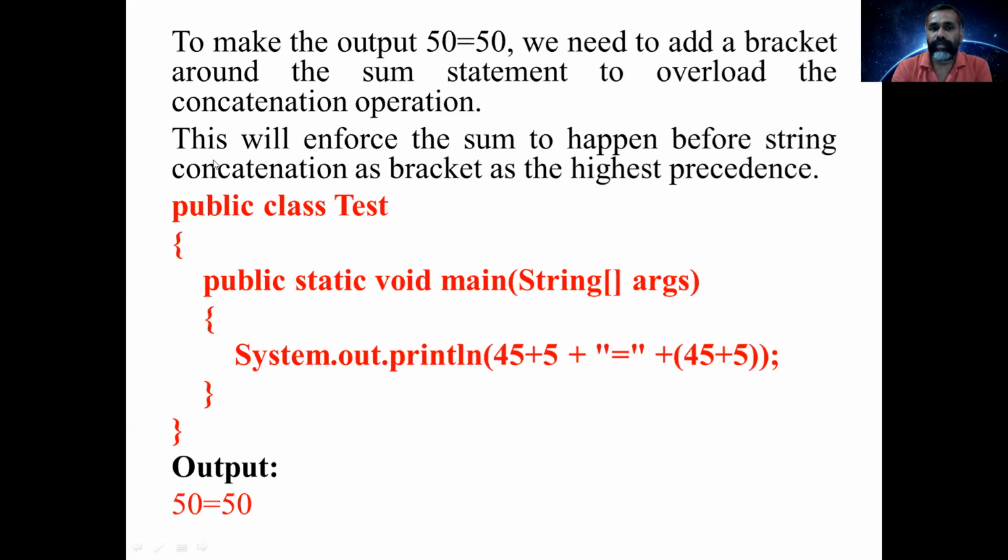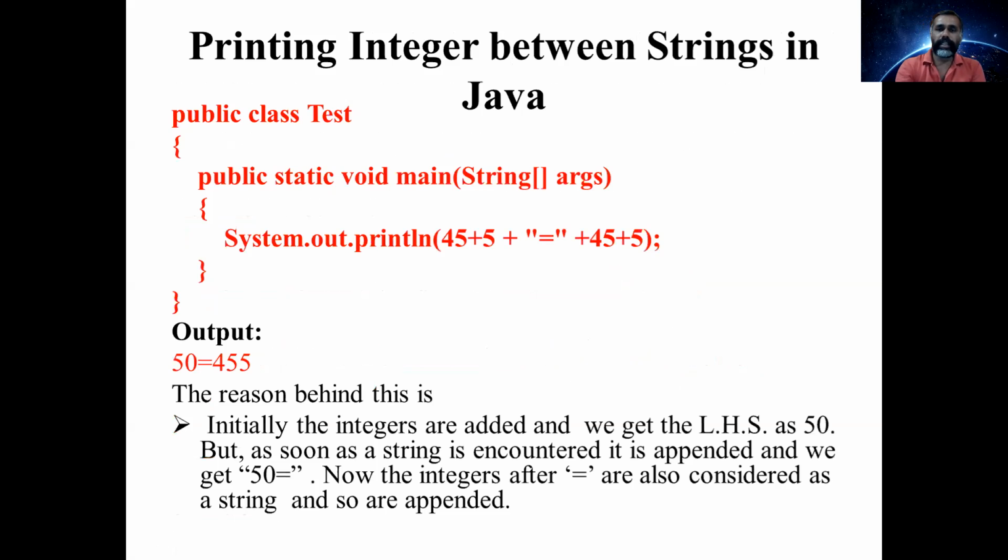This enforces the sum to happen before string concatenation, as brackets have the highest precedence. Once it comes to this line, the higher precedence is considered first, 45 plus 5 is added, and then it is concatenated with the string. So the output will be 50 is equal to 50. This is how we use integers between strings.